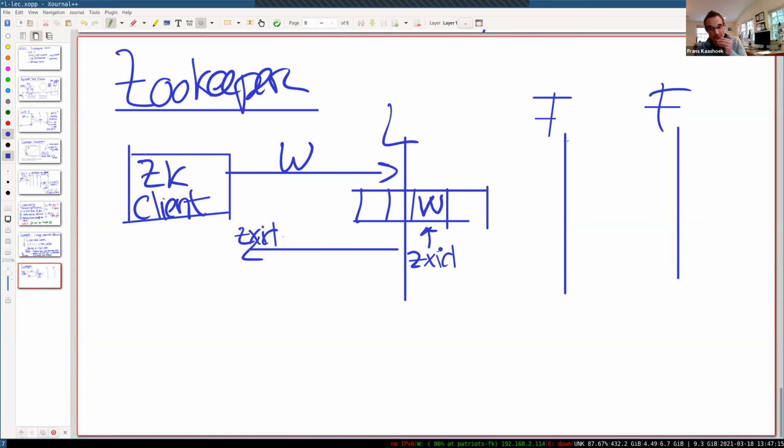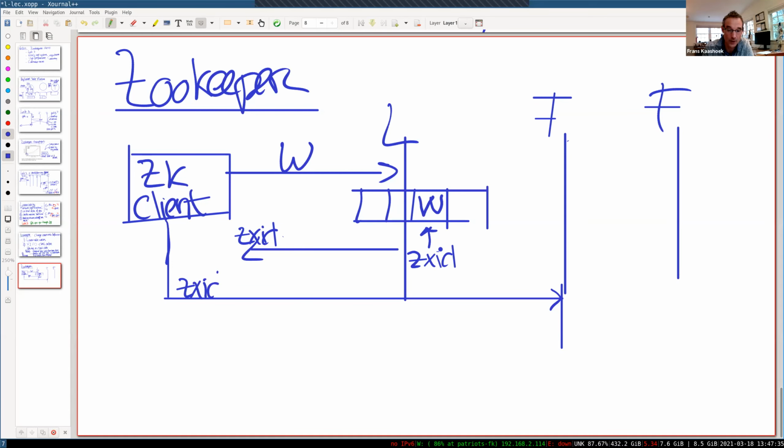Okay. When the client later does a read, the read doesn't have to go to the leader, because that was the whole goal, to get more performance. So maybe the read will go to one of the followers, but the read will be tagged with the ZXID of the last write that particular client has done. What does that mean?